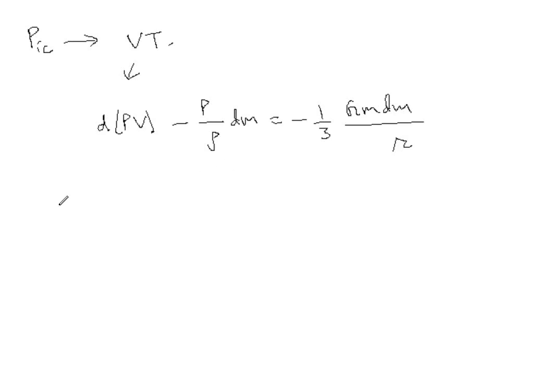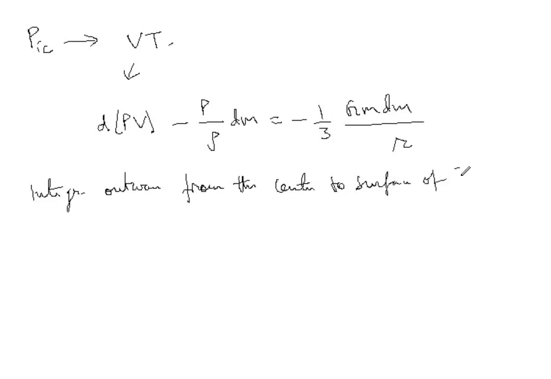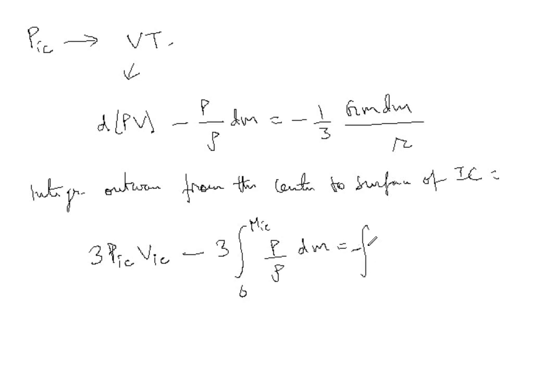Now integrating outward from the center to surface of isothermal core, what we have is this relation: 3 P_IC V_IC minus 3 integral 0 to M_IC of P by rho dm equal to, minus sign will be there, integral 0 to M_IC of GM dm by R. Okay, of course you understand that this IC refers to this isothermal core.